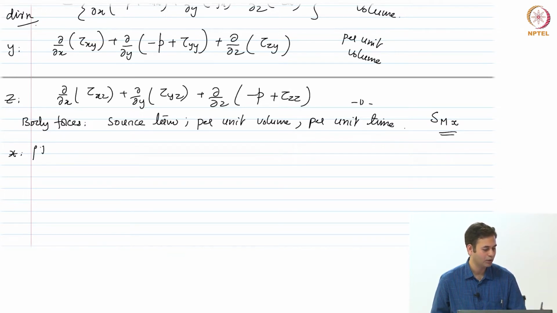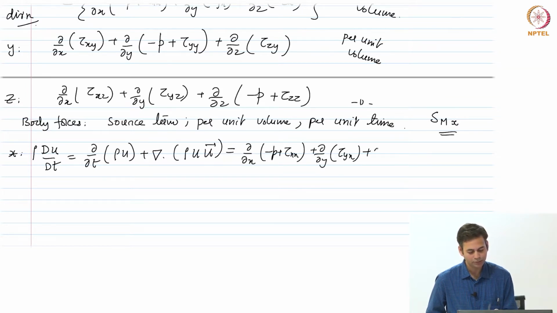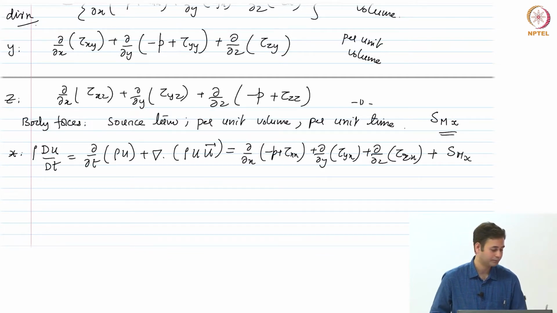That is nothing but rho du dt, which we wrote as partial t rho u plus del dot rho u bar, right. That is the rate of change of momentum equals partial x minus p plus tau xx plus partial y tau yx plus partial z tau zx plus, in addition, we have this source which is the momentum source, which constitutes all the body forces that are acting in the x direction, okay.